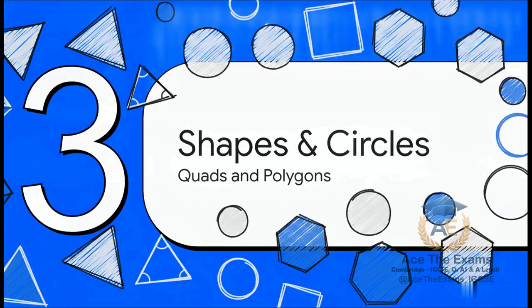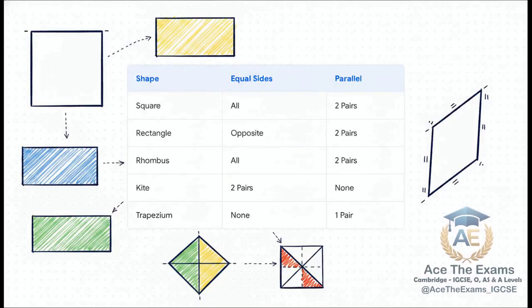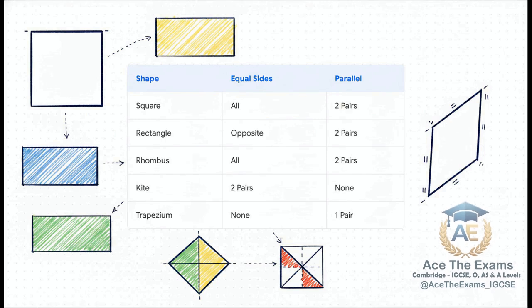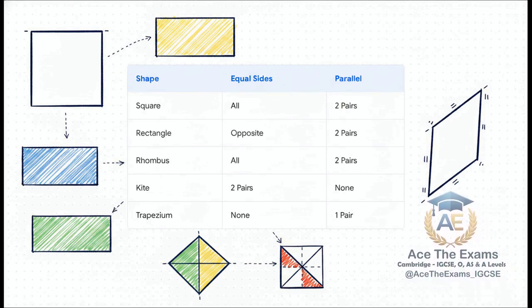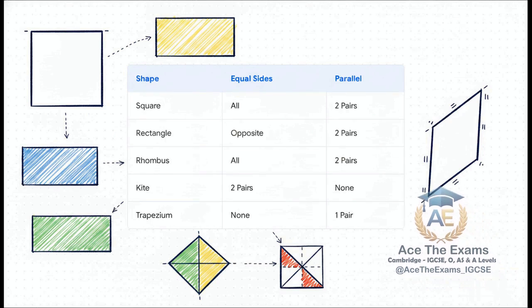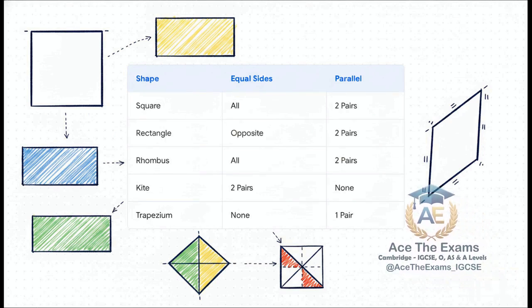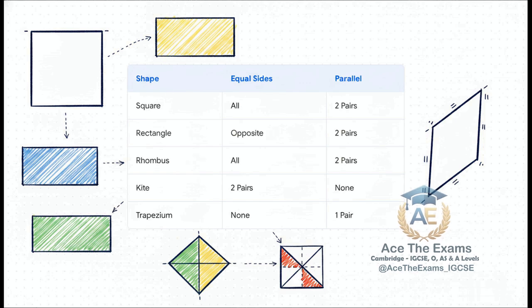Section 3, shapes and circles, quadrilaterals, and polygons. Let's expand our playbook. Let's compare quadrilaterals, our 4-sided shapes. Their internal properties vary wildly, and this is prime territory for multiple mark questions. A square is rigid. Equal sides, right angles, and crossing diagonals. A rectangle shares the right angles but only has opposite sides equal.